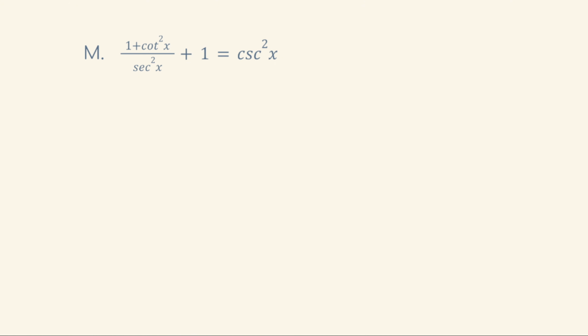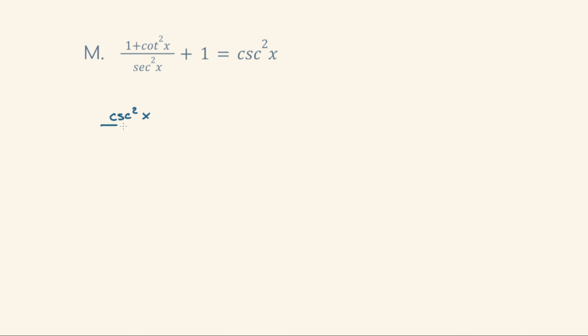Okay, 1 plus cotangent squared x over secant squared x plus 1 is equal to cosecant squared x. In my numerator, 1 plus cotangent squared x, I know that's going to be equal to cosecant squared x, right?